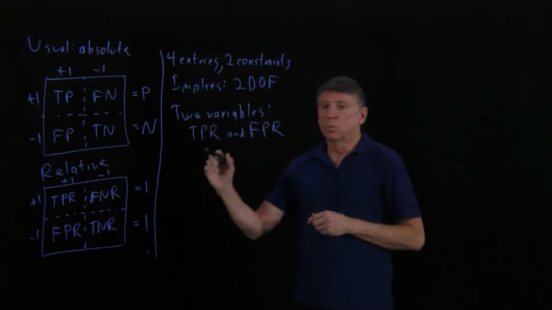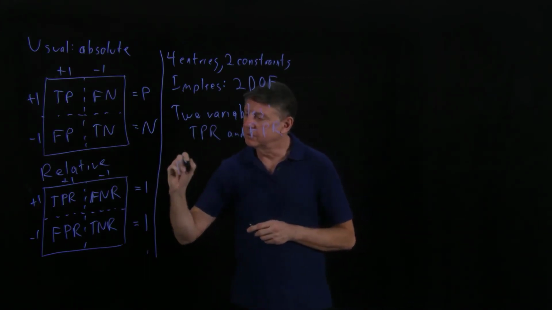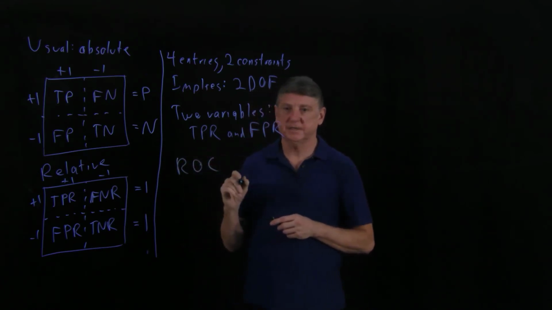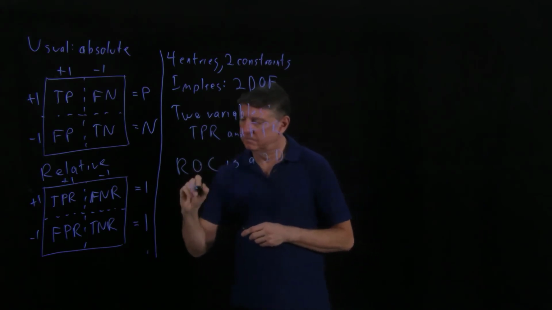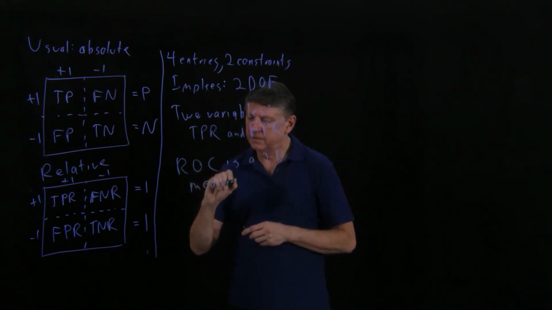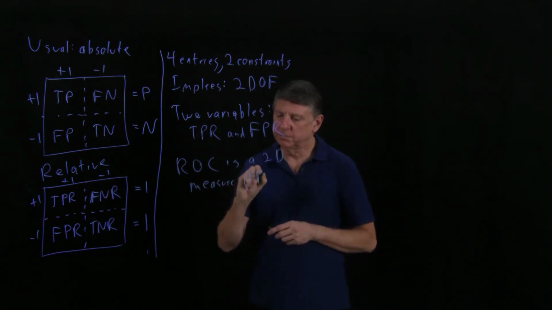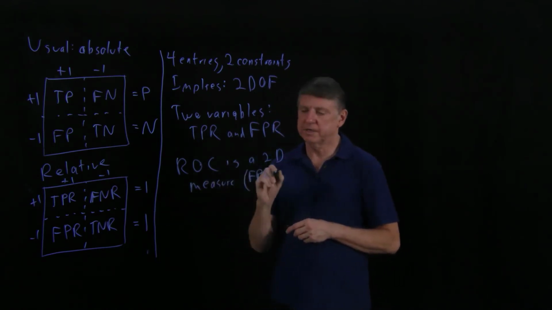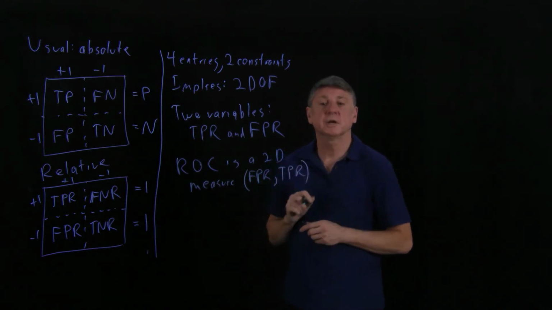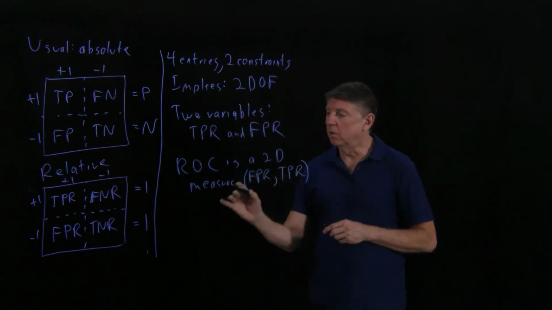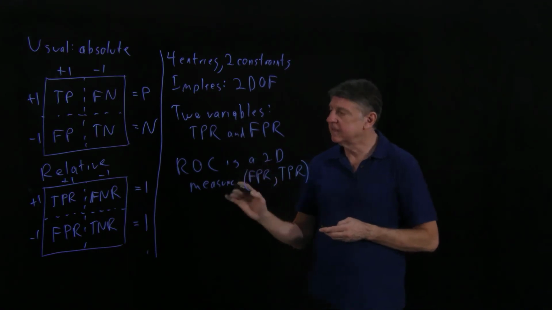So the receiver operator characteristic is a 2D measure. We can represent that as a pair, which is the false positive rate by convention usually first, and then the true positive rate by convention second. Now we can represent this in a plot.